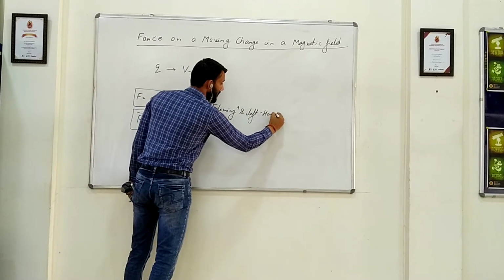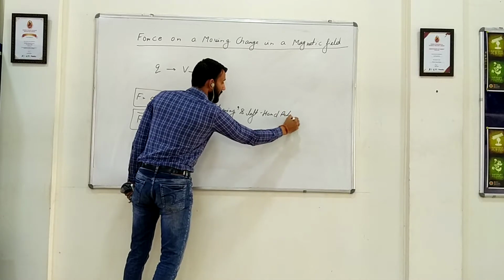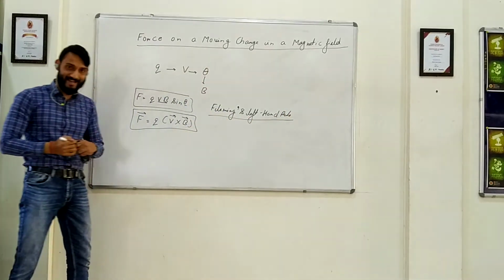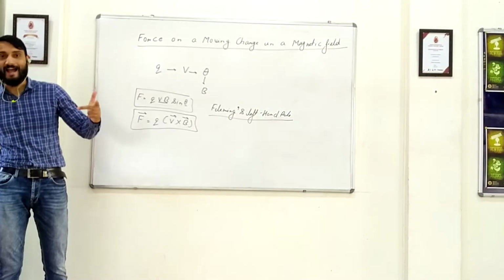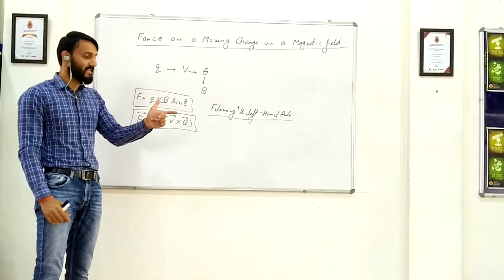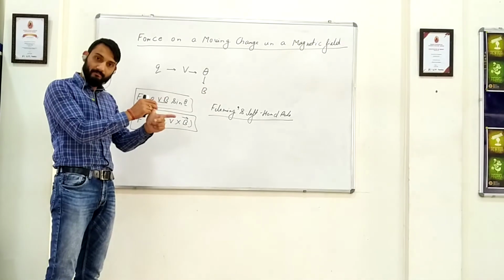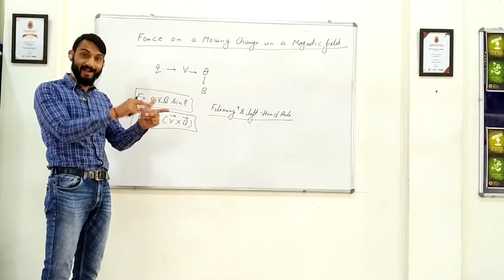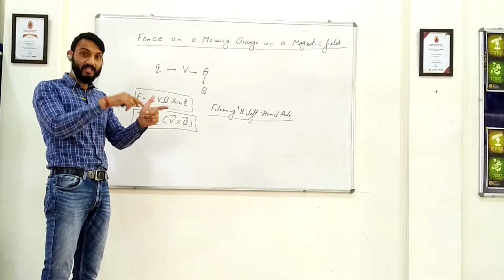Fleming's left hand rule says that stretch your left hand in such a way that the thumb, first finger and the middle finger are perpendicular to each other.